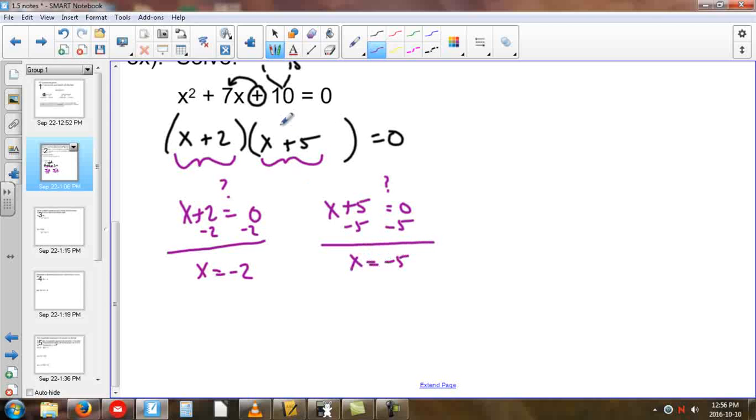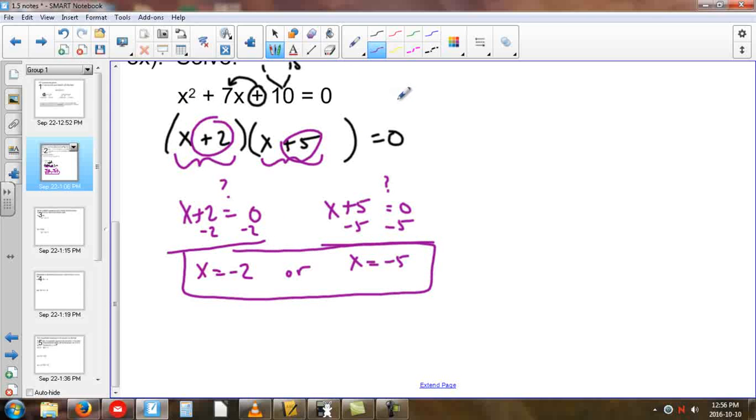Now you might be able to remember the rules. Hey, if it's just a plain x, we're just going to change the sign, and we're going to get our answers. So we've proven that if x is negative 2 or x is negative 5, we're going to get a 0 here. And sure enough, if you plug it in to the original problem, negative 2 squared plus 7 times negative 2 plus 10.